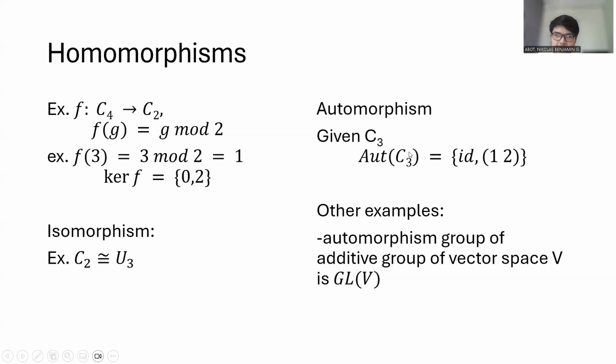That is, 2 plus 2 equals 1; swap 1 and 2, 1 plus 1 equals 2, and that still follows the group operation. Another example of an automorphism group is that if one considers a vector space considered over vector addition, then its automorphism group is simply the general linear group of that vector space.